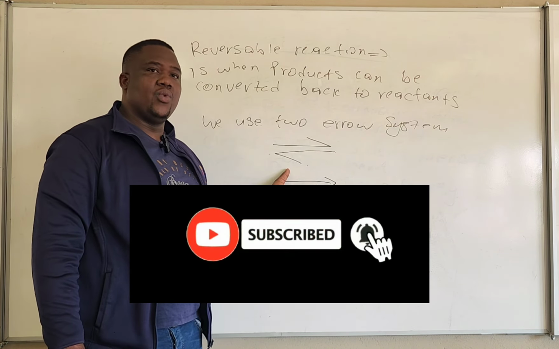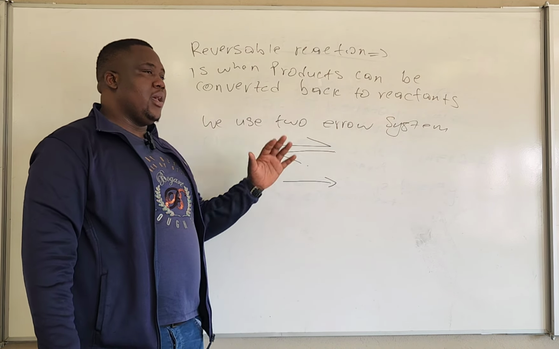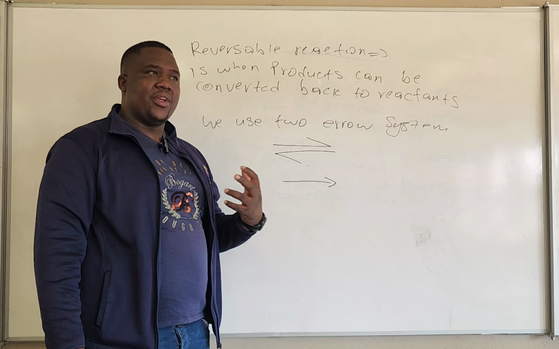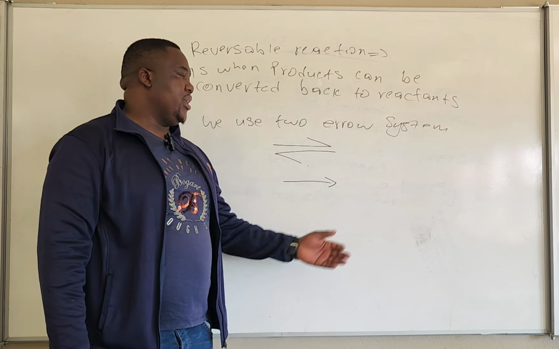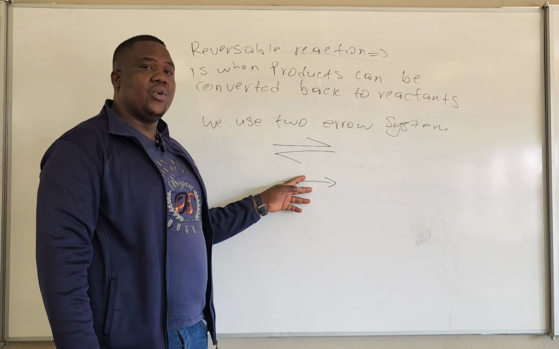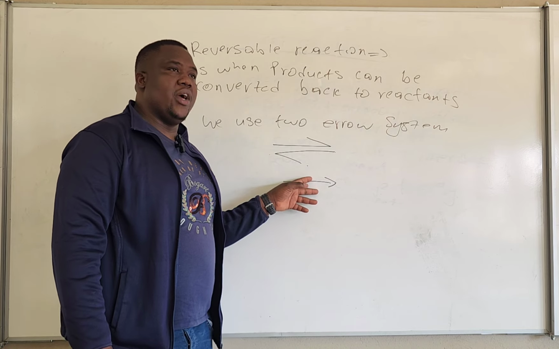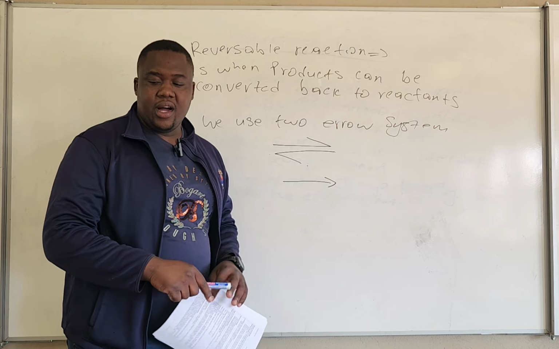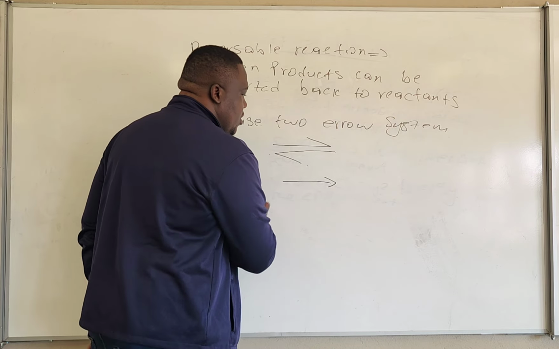Even in the part where we are dealing with the rate of reaction, you will find that we have reactions that are not reversible. There's only one arrow. So you need to understand that two arrows mean the reaction is reversible and one arrow means the reaction is irreversible. It cannot be reversed.